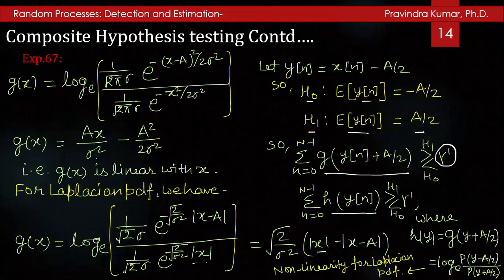So you can see this g(x) shows non-linearity for the Laplacian PDF, and in case of the Gaussian PDF g(x) is linear with x, but here it is non-linear with x, or you can say with y it is non-linear.